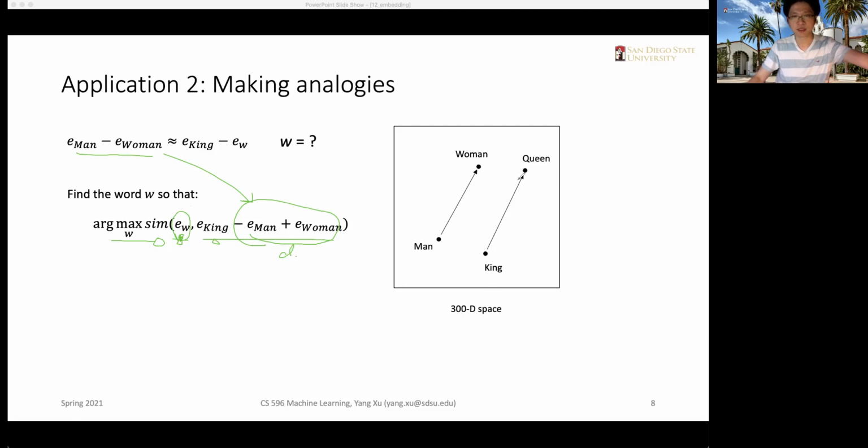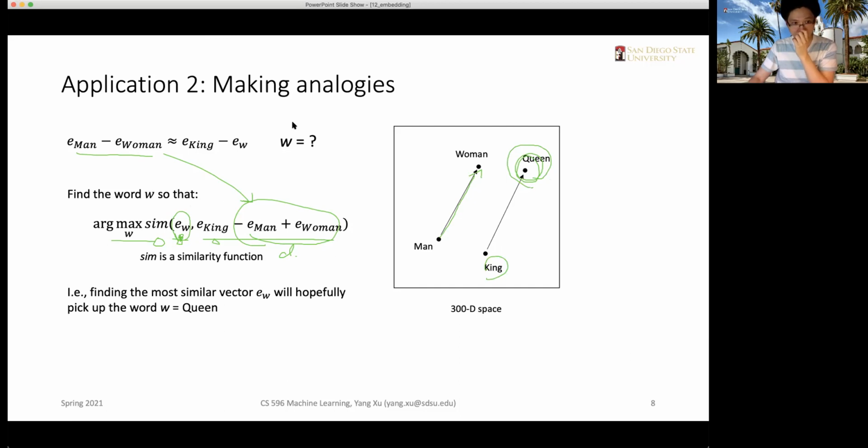We are basically searching around this area. We use this first vector as a projection, use king as a base to find that target area, and search for the vector that maximizes the similarity. So if our embedding model is well trained, then queen is most likely to be the word extracted. So that's the second application.